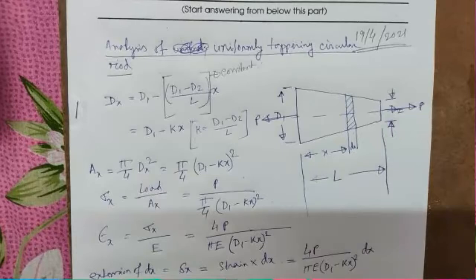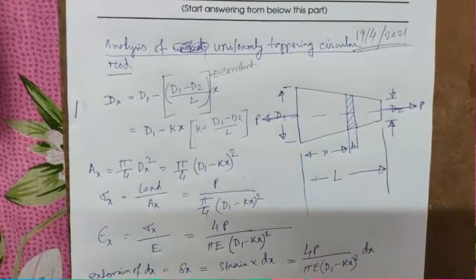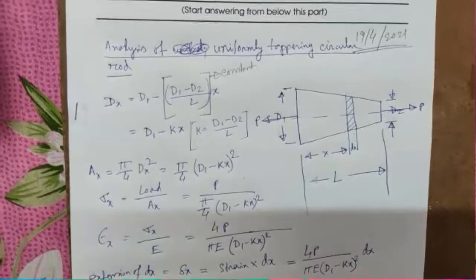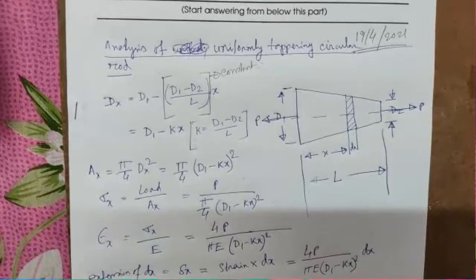Fine. So this is the task for all of you: to find out the elongation of a uniformly reducing cross section of a rectangular bar. Okay, you get that?